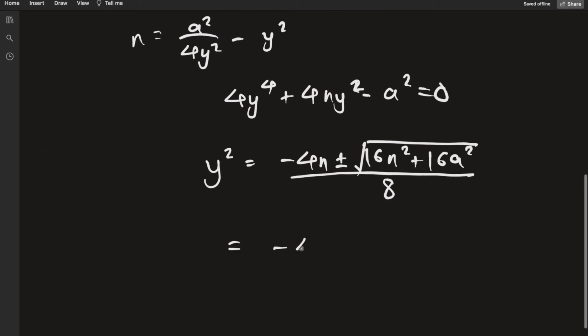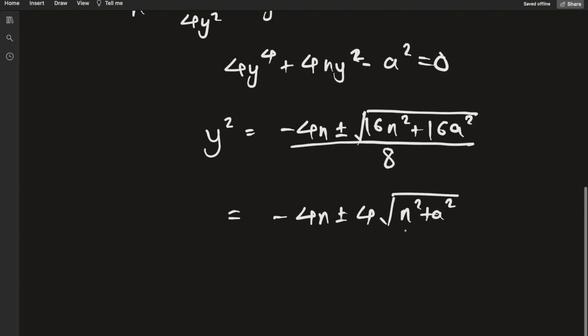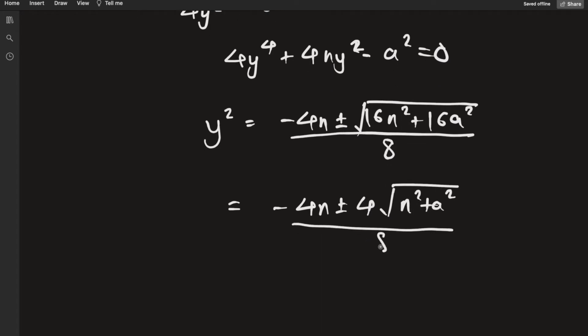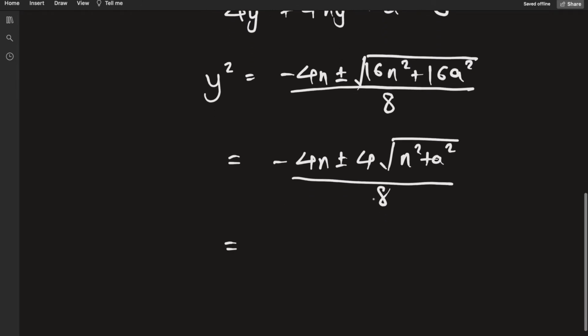So minus 4n plus or minus 4 square root of n squared plus a squared over 8, and it looks like we can cancel a factor of 2 from everywhere. So y squared is negative n plus or minus square root of n squared plus a squared over 2.